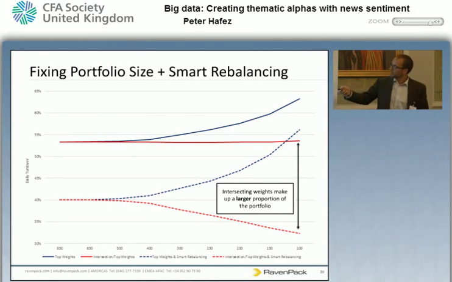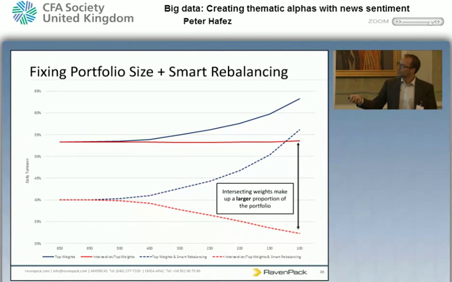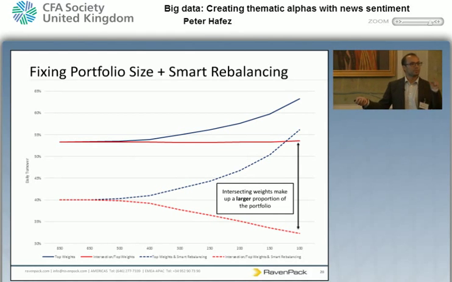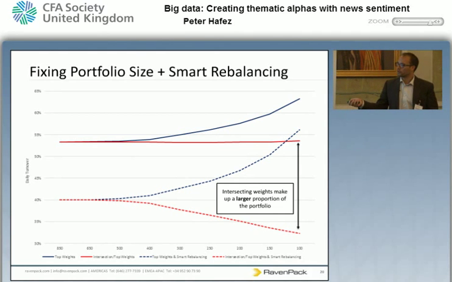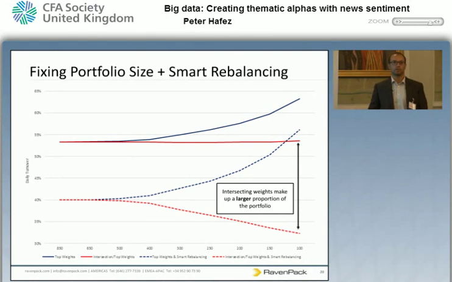But as we focus first on intersection stocks in our portfolio, and we decrease the size of the portfolio, the intersection stocks will make up a larger and larger proportion of the final portfolio. And therefore, we will take even more benefit from bringing over weights. And that will further reduce the turnover of the strategy. And in the end, we're able to get to about 33% turnover. So we're able to add an extra day on average in holding period.